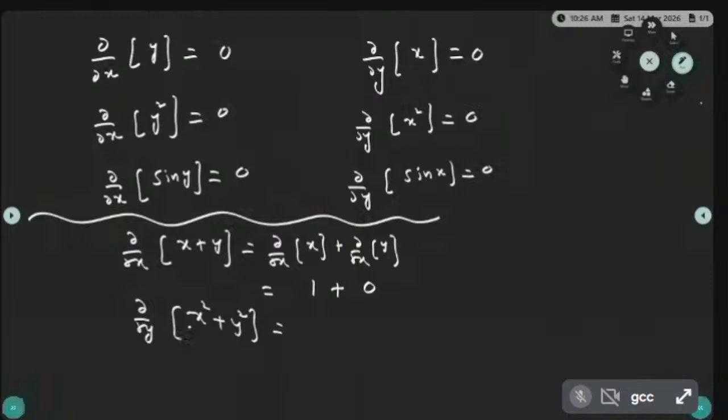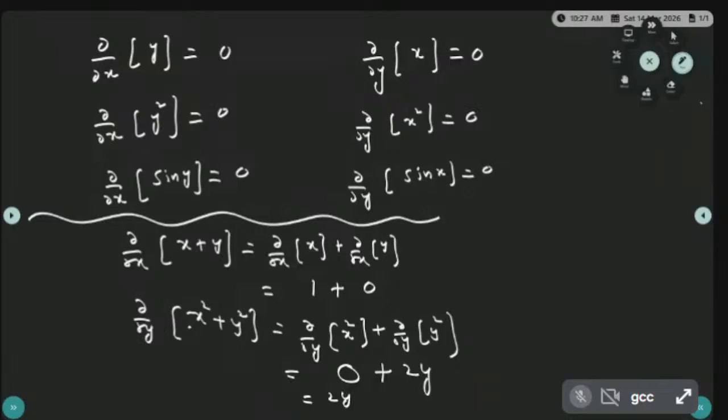What is the first output? Sure? Reason? They belong to x, y, completely different families. Answer 0. Here, dou by dou y of y square is 2y.